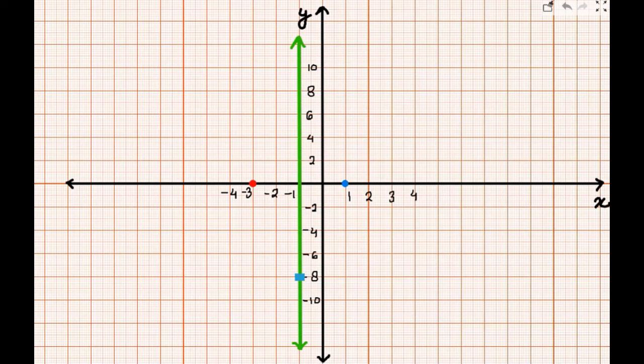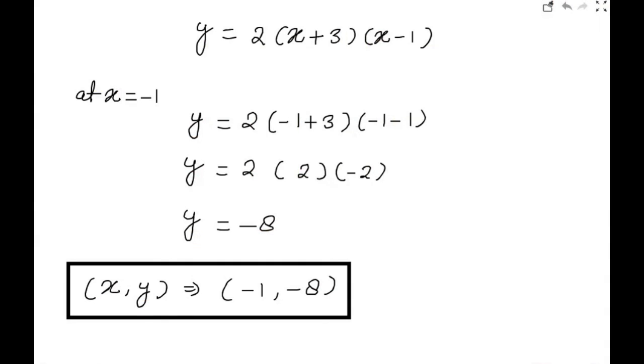Negative 1, negative 8 is plotted here. Now we have an idea about the function, but at least one more point is needed to have a proper graph. So we can assume a certain value of x, figure out the corresponding value of y, and then we'll be able to plot our graph.